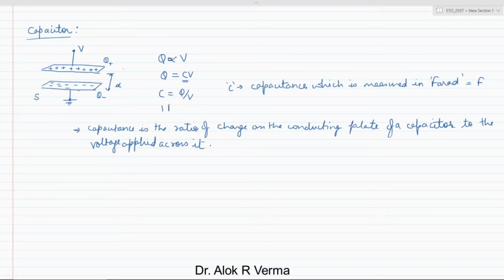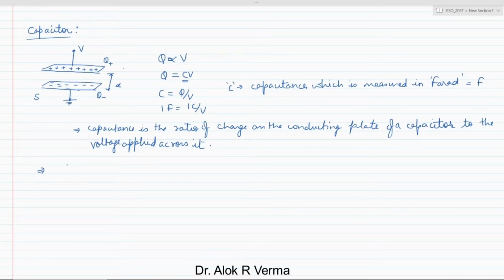It means that when you are charging a capacitor with a 1 coulomb charge and applying a voltage of 1 volt, the capacitance of that capacitor is 1 farad.